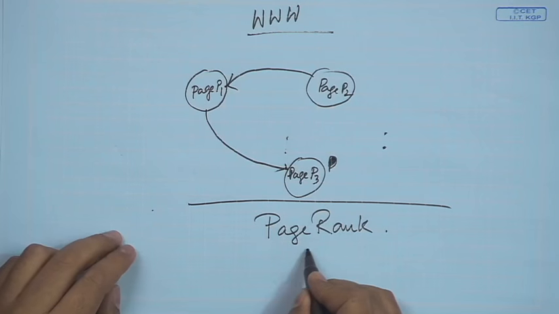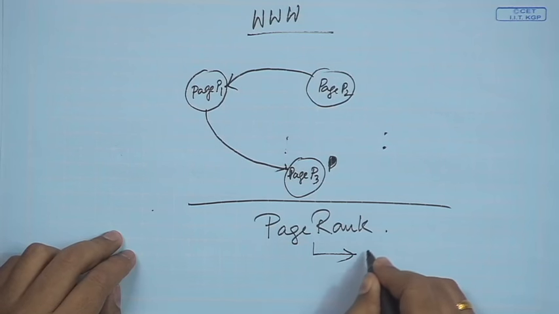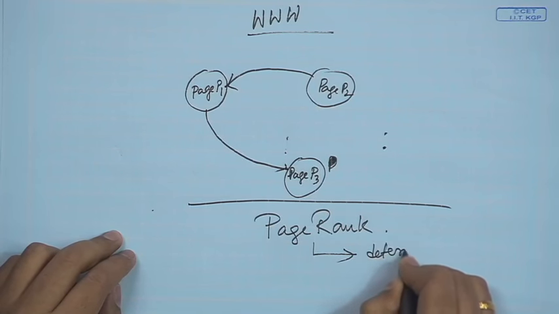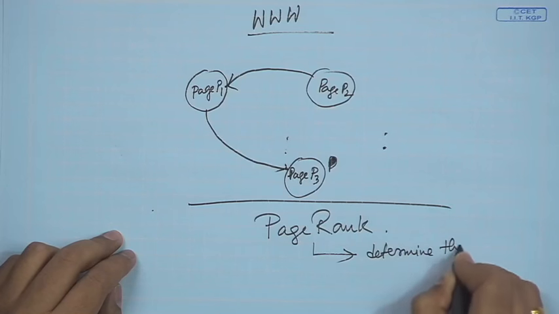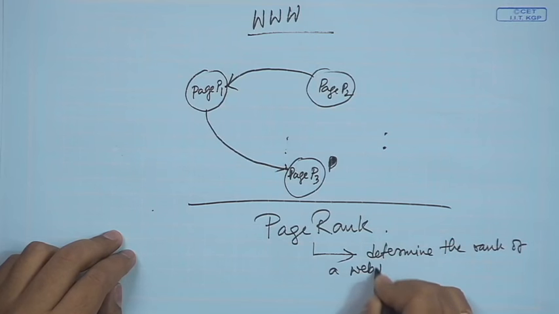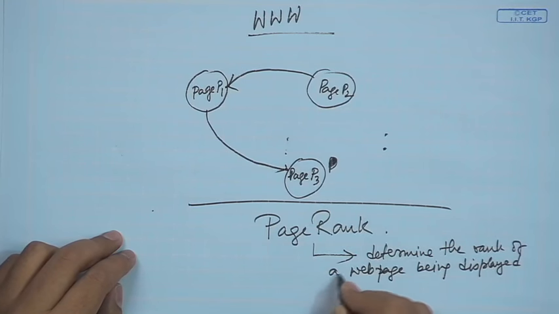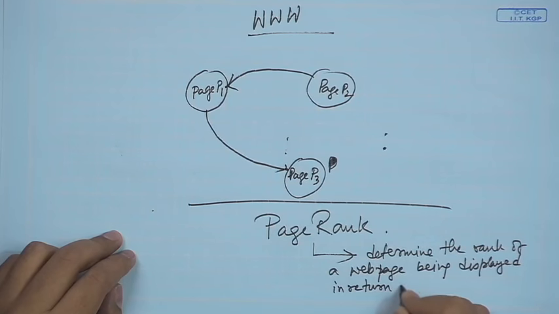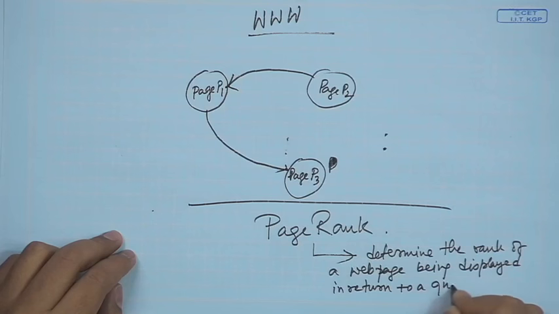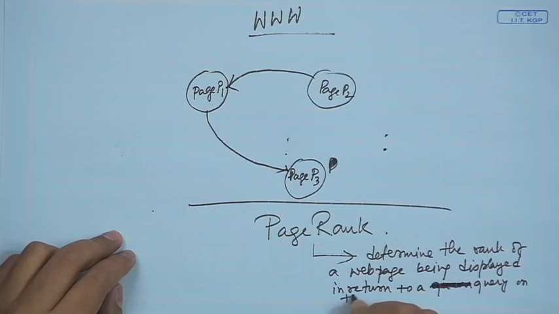Okay. So, Pagerank basically tries to determine the rank of a web page being displayed in return to a query on the search engine.